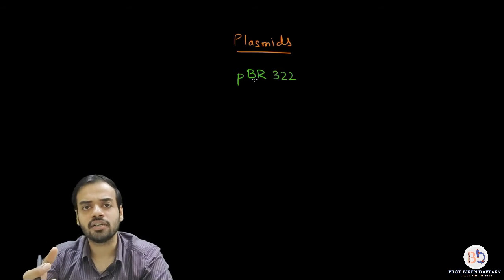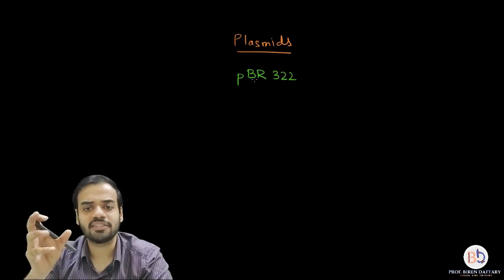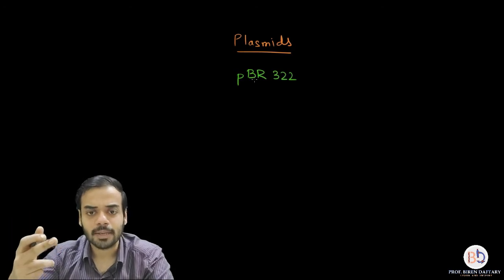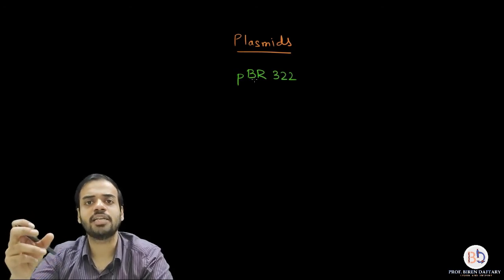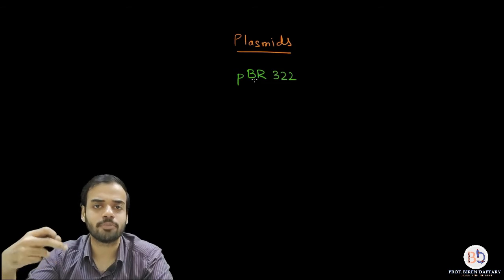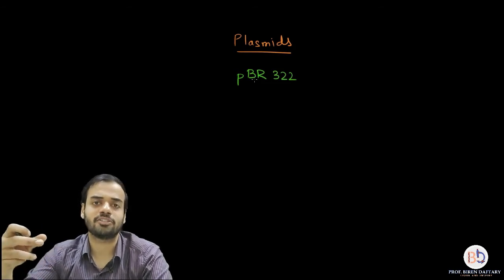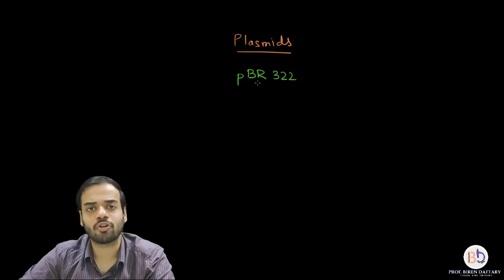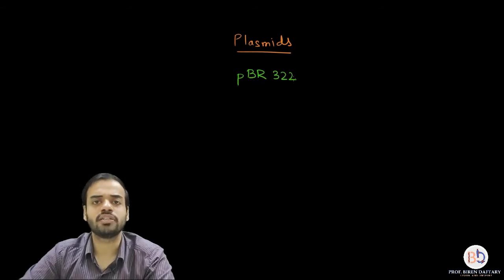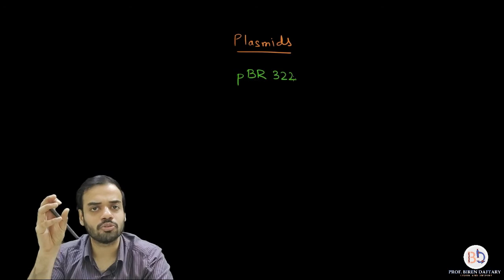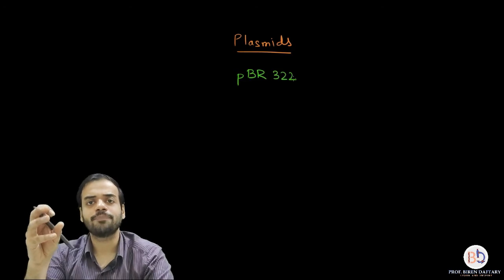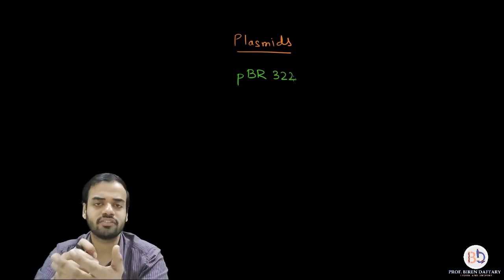Now over here, normally the plasmids are represented by a small p, which stands for the plasmid. The next letters are the names of the researchers who have developed the plasmid or the area where the plasmid has been discovered. So here B and R stand for Bolivar and Rodriguez, and 322 is the number given according to the order of discovery. So this is the plasmid of Bolivar and Rodriguez, which has the order of discovery number 322.